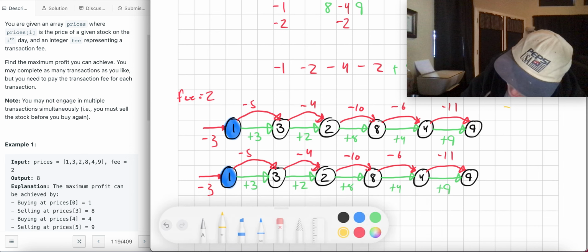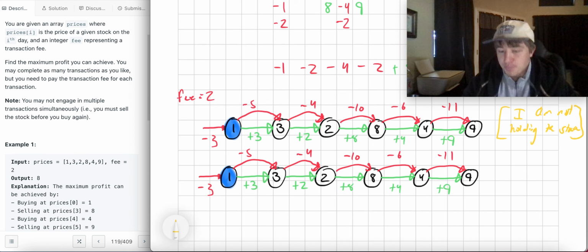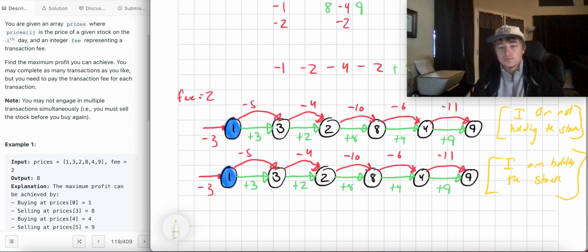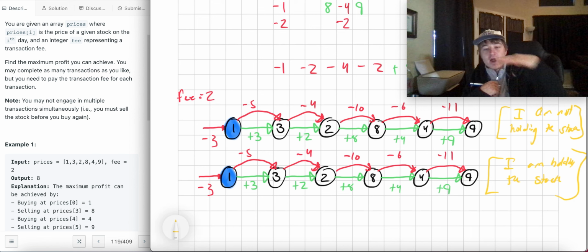So we'll call this top state, I am not holding the stock. And this bottom state will be I am holding the stock. Okay. So I have a top state where I'm not holding the stock, and I have a bottom state where I am holding the stock.